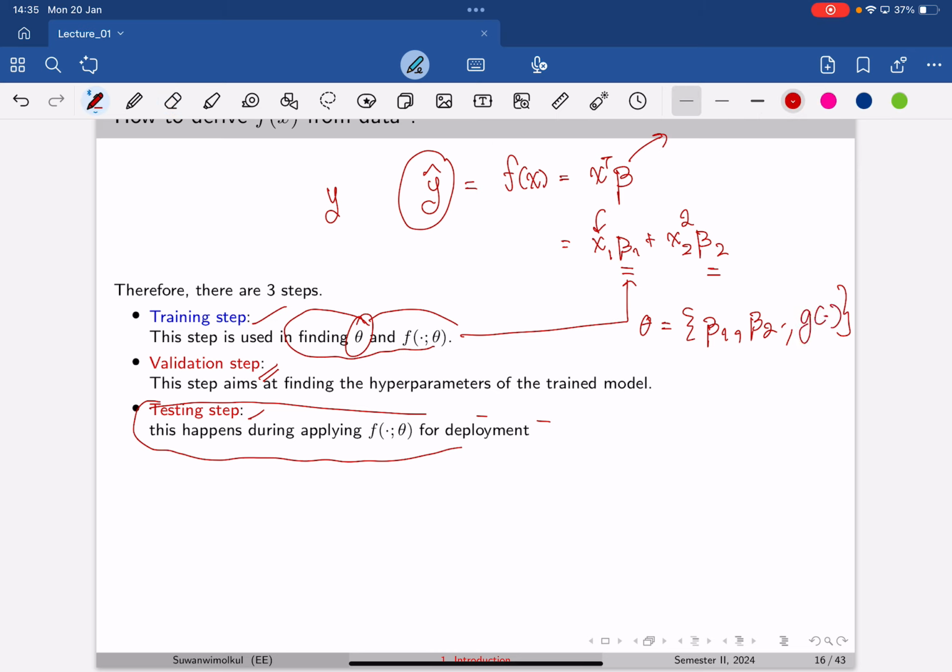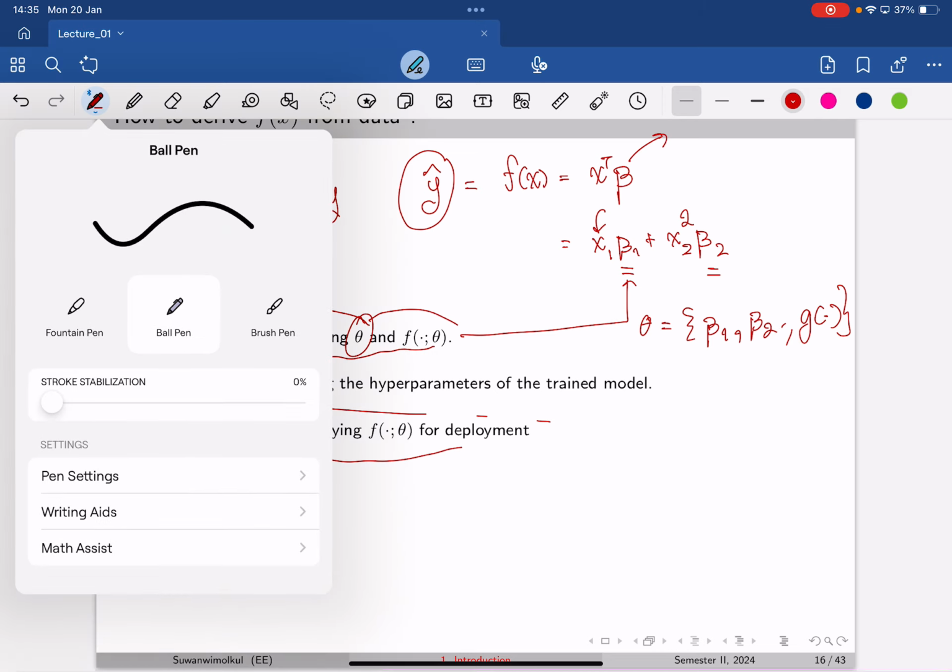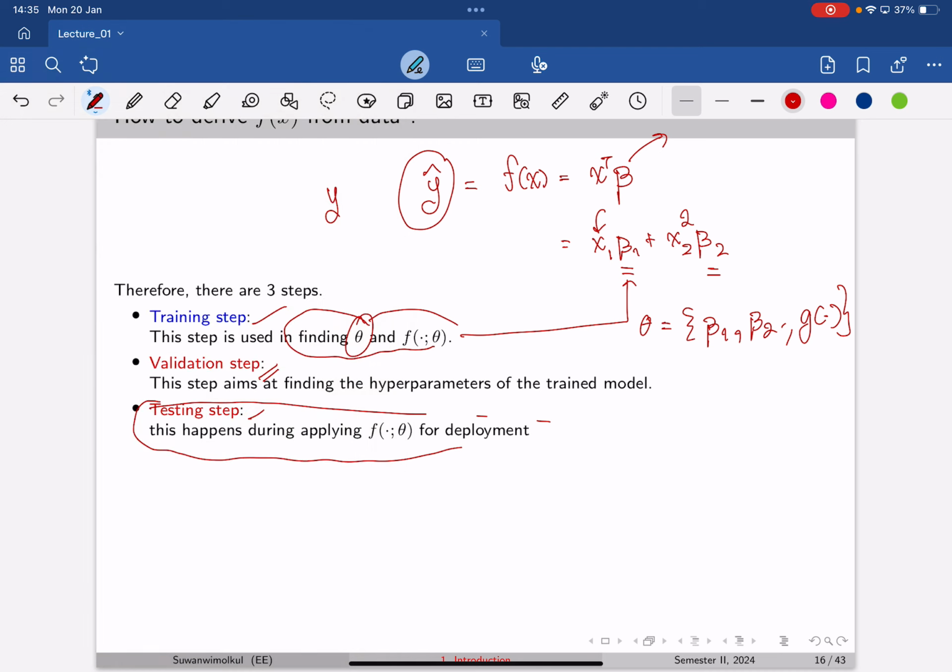But whatever function you choose, those are your parameters. The thing is, when you try to train your model, training usually involves setting up an optimization problem for learning it.